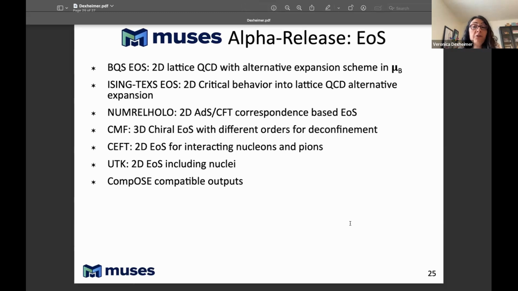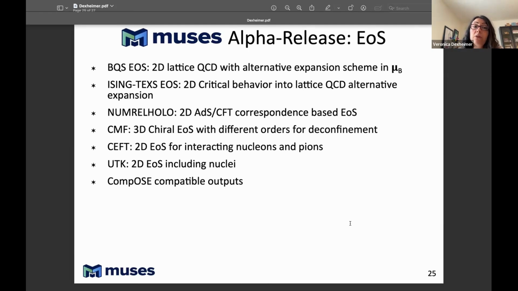So what are we going to release right now in May? This is going to be some of the modules that I just discussed with you in those two diagrams. So from lattice, there are going to be two different modules released. The BQS equation of state, which is using an alternative expansion that allows you to go all the way to that green region that I showed you in the beginning of the talk, that extends in μB.